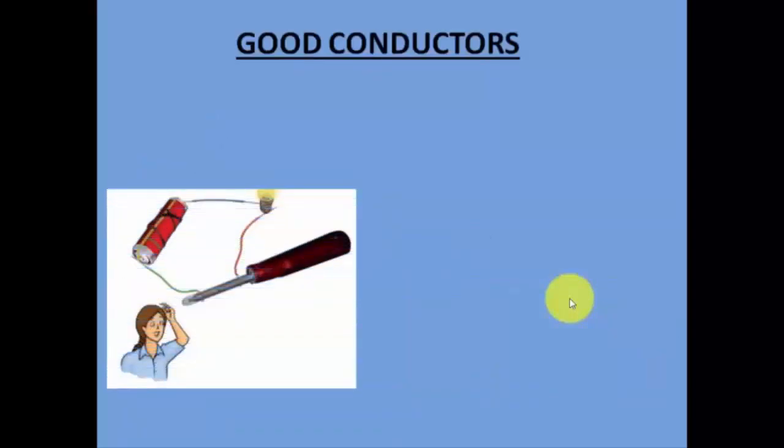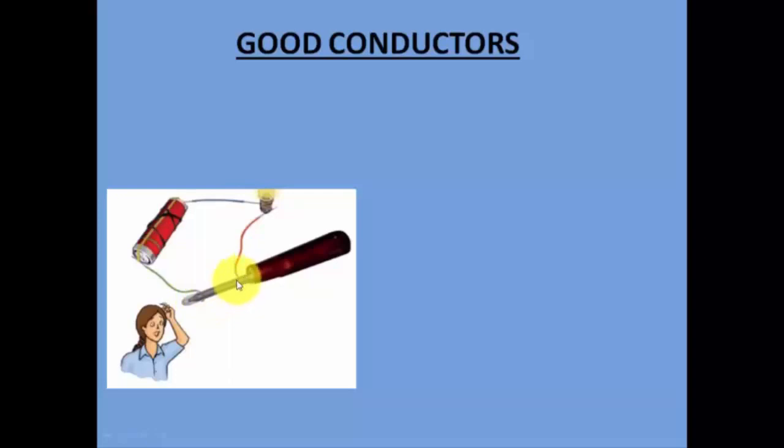So what are good conductors? Let's say again I have this battery, and again the bulb is here just to confirm whether it is a good or a bad conductor. And then I have this metal, some kind of tester. This end, wherein I have connected my two wires, is a metal portion.